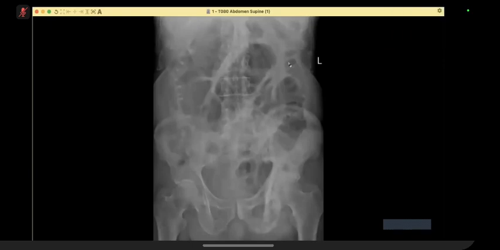Other than bowel, I'm trying to look at the bones. The left hip joint shows significant sclerosis and loss of joint space, and there are areas of lucencies and sclerosis.